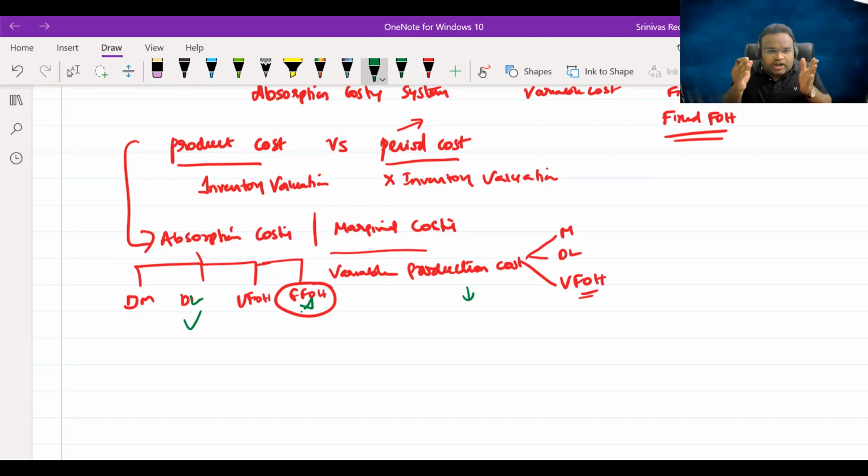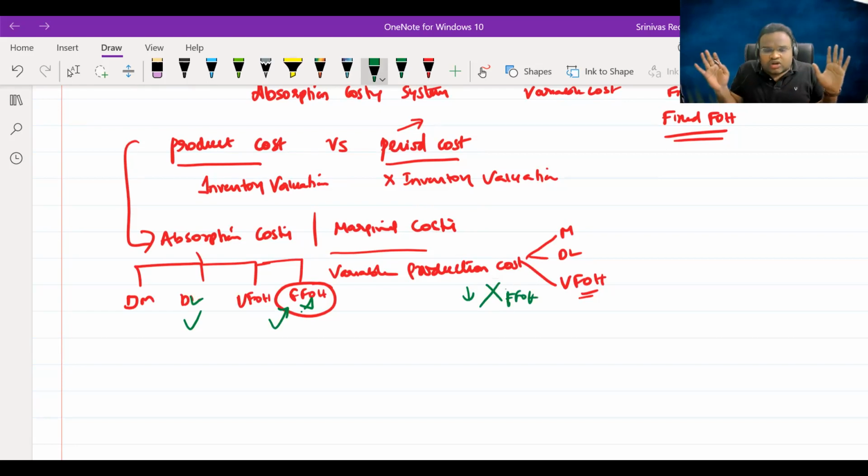That means whenever you get a question on what is the difference between the marginal costing system and the absorption costing system, it is the treatment of fixed factory overheads as product cost. Under absorption costing, fixed factory overheads are considered in inventory valuation. Under marginal costing, fixed factory overheads are not considered.